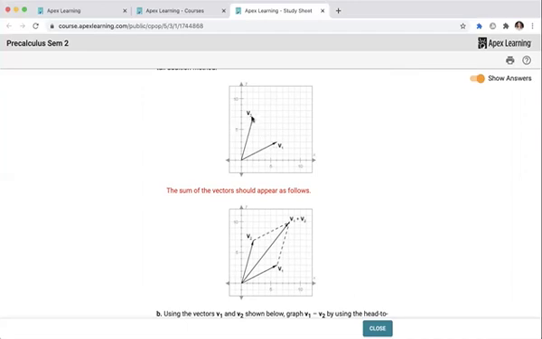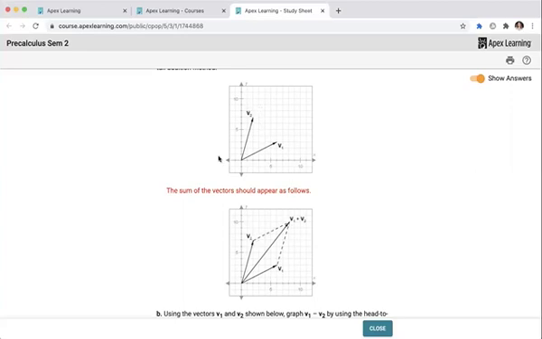So what you would do here is go over 6, 1, 2, 3, 4, 5, 6, up 3, 1, 2, 3. You would mark that point and draw a line to that point. That's exactly what they did here.